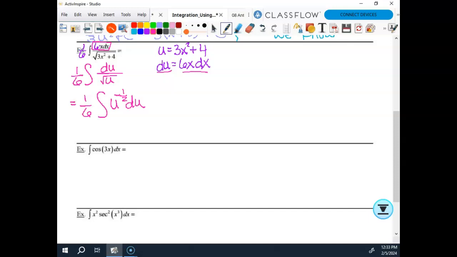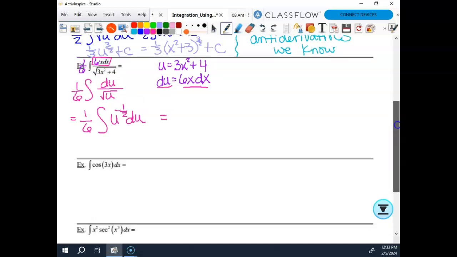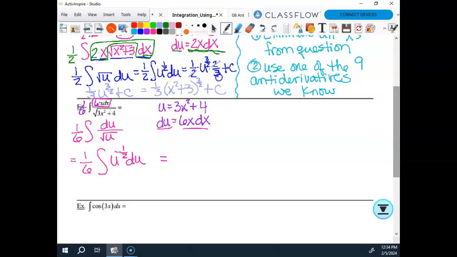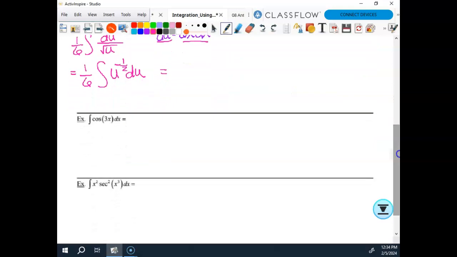Now, when you know that you're going to have a fractional exponent, you can leave yourself a little bit of room when you write so you don't have to put it afterwards like this. Because we have a fractional exponent, I'm going to have to divide or multiply by a fraction, right? I have this 1/6. I'm going to leave myself a little bit of room. When I add 1 to the exponent, what do I get?